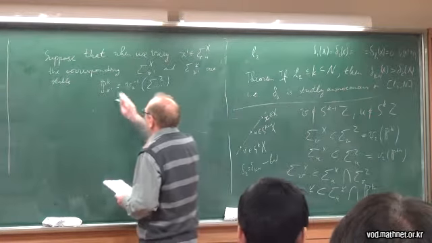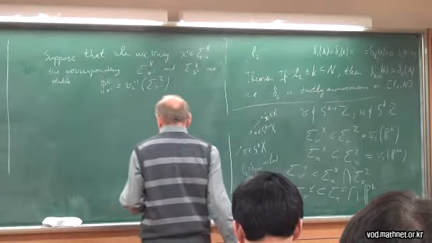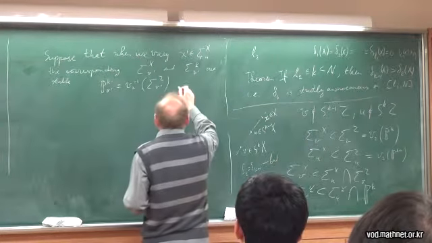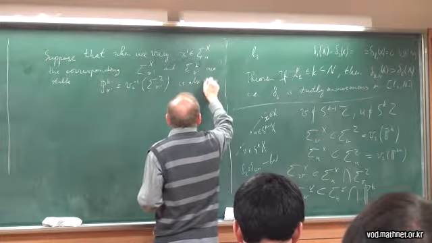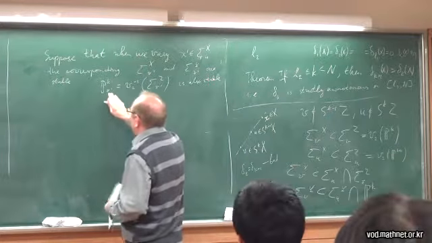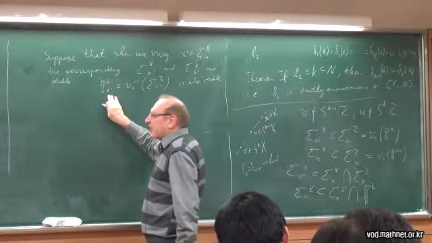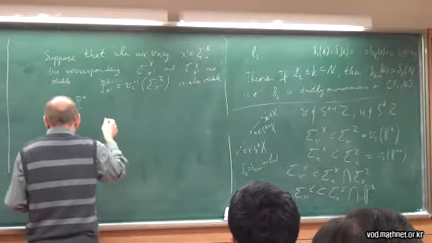We consider this family for varying point. And then this family is also stable, because if it were not stable, then we take two members of this family and their intersection would be a linear space of smaller dimension.